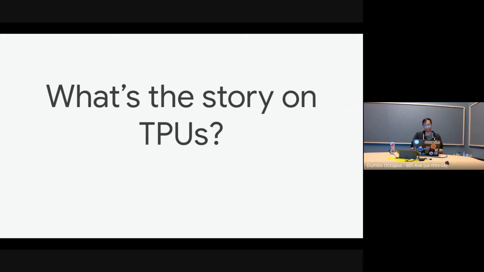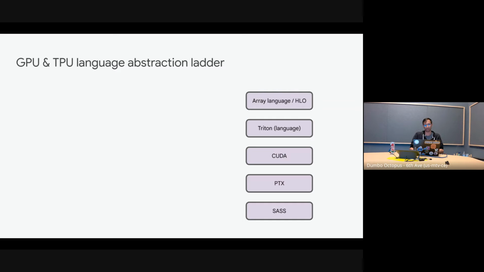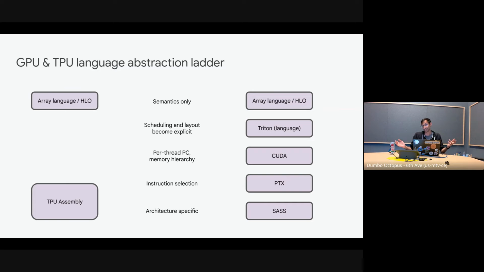So what is Pallas on TPU like, and what does it change about the current TPU stack? As I described before, GPUs have this rich array of different levels of abstraction you can program at, but TPUs have basically looked like this.